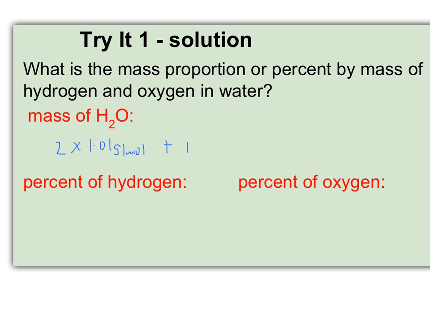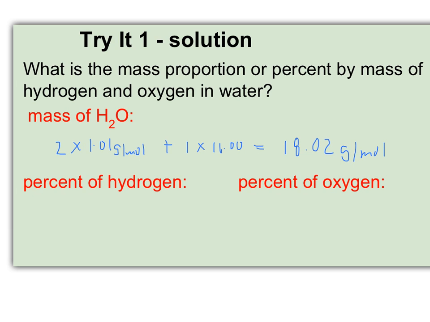Then I find oxygen over at number 8, and I just have one oxygen, and I see its mass is 16.00. You should keep 2 decimal places when you're working with atomic masses. This would give me a molar mass of 18.02. Again, my label is grams per mole for my water.